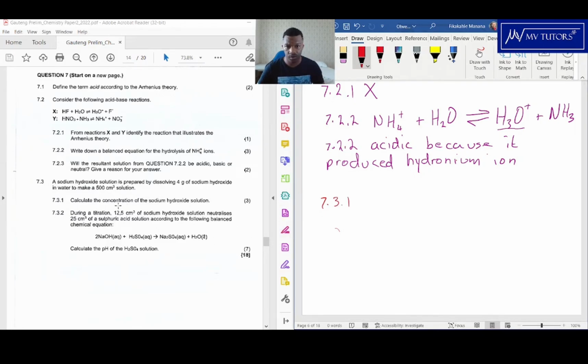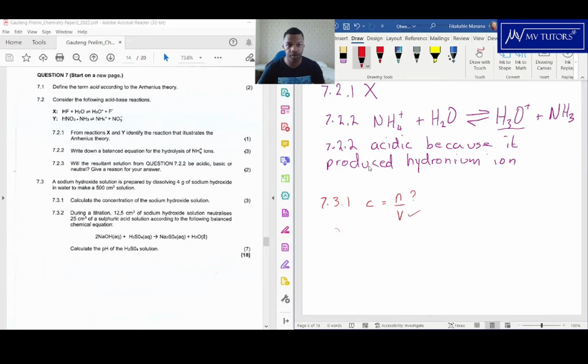We know that concentration is given by the formula of number of moles over volume, isn't it so? Yes. Do we have number of moles? No, we don't. So we need to solve number of moles.